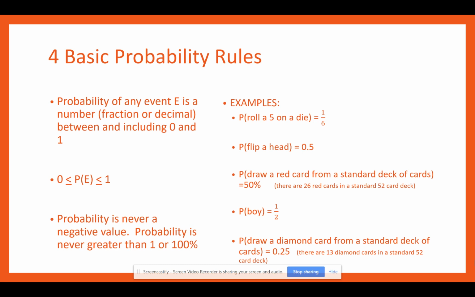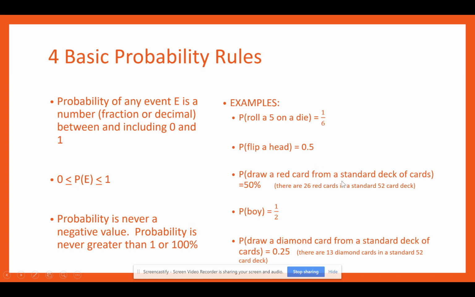The probability that you roll a 5 on a die, which is a 6-sided cube. Well, if you think about it, there's one way to do that, and there are 6 things that can happen. So in terms of a fraction, that's 1 out of 6. If you flip a head on a coin, it's 0.5 or 1 out of 2, because there's one way to get a head, and there are 2 things that can happen.